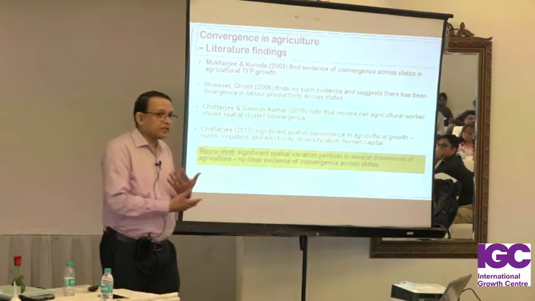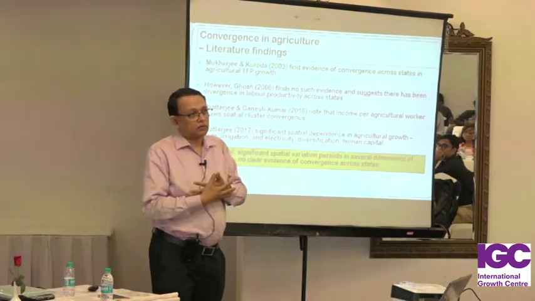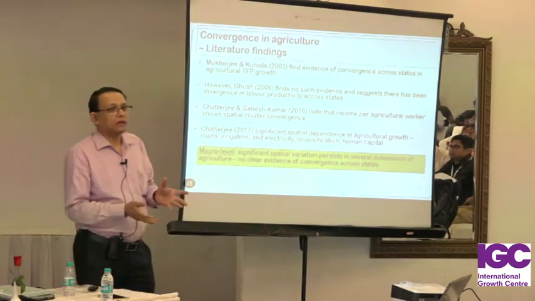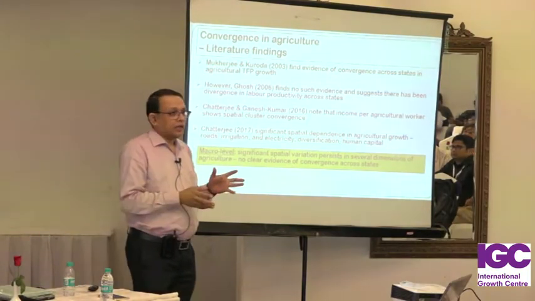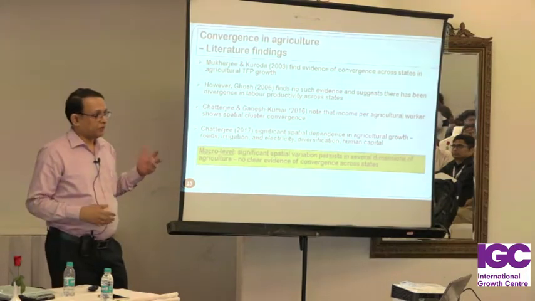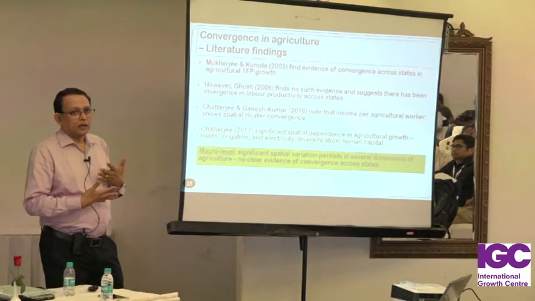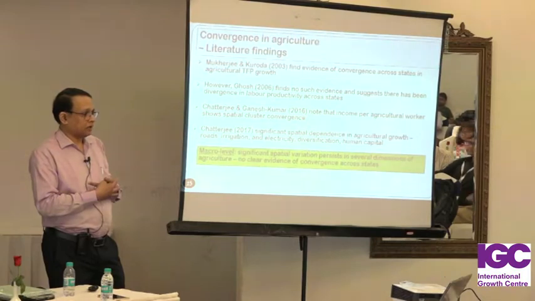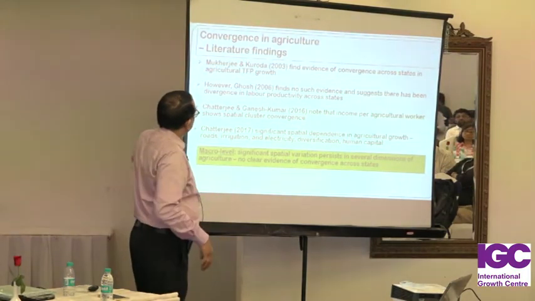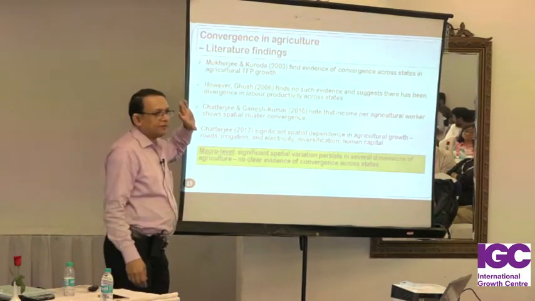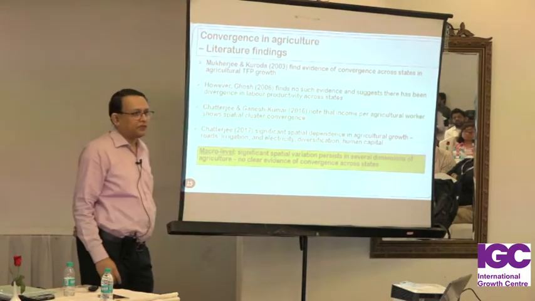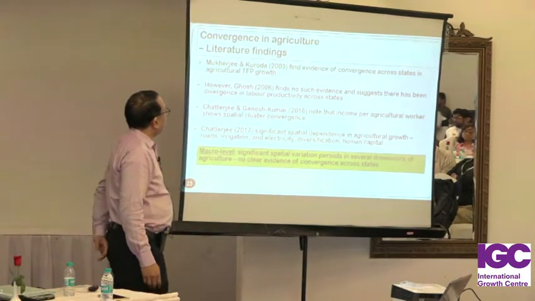There are studies that looked at convergence across states in terms of the total GSDP aggregate, and there are a few studies that looked at agriculture alone, whether the agriculture performance across states is converging or not. Now, here you find mixed evidence, depending on what variable people have considered.